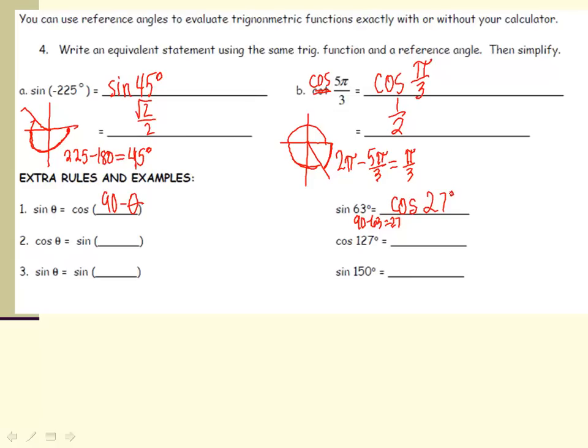The cosine of an angle is the same as the sine of 360 degrees minus the angle. So the cosine of 127, if I do 360 minus 127, that's 233, so cosine of 127 is the same as the sine of 233 degrees.